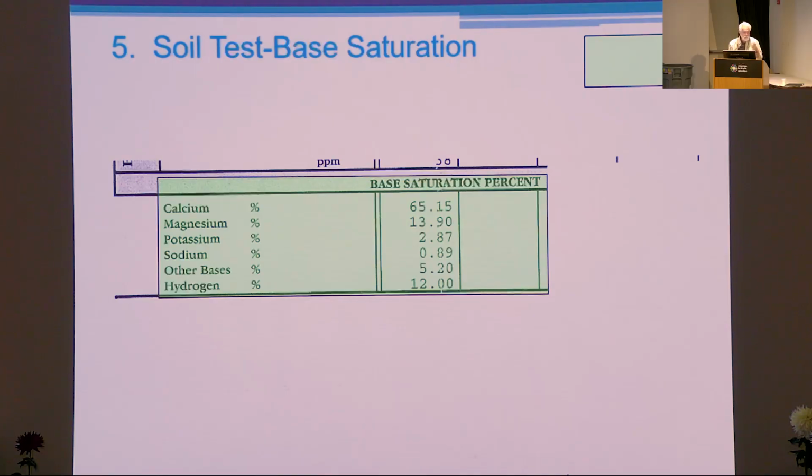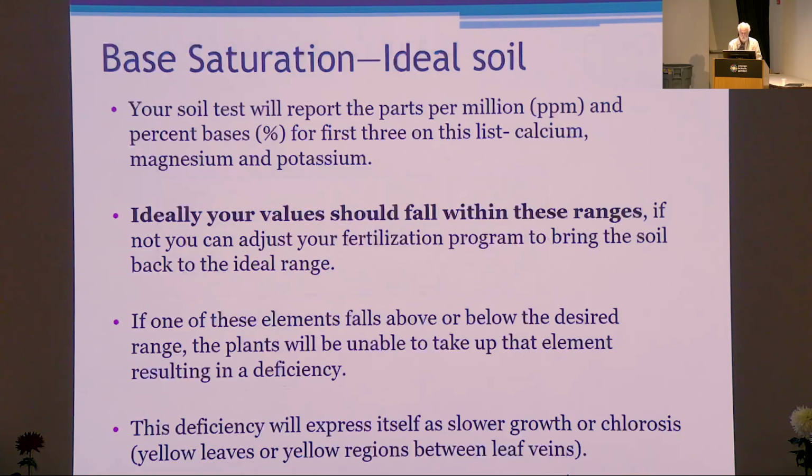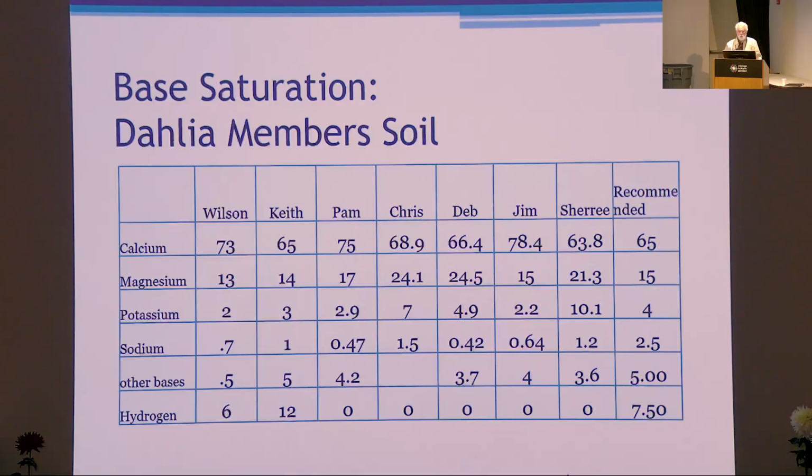Your soil test is usually going to give you either a complete or a partial measure of the percentage of each of those cations that are represented in your soil. Here you can see the typical dahlia garden soil, with the column on the right being the recommended, and you can see that, more or less, for most dahlia growers the percent exchangeable bases falls in that range.